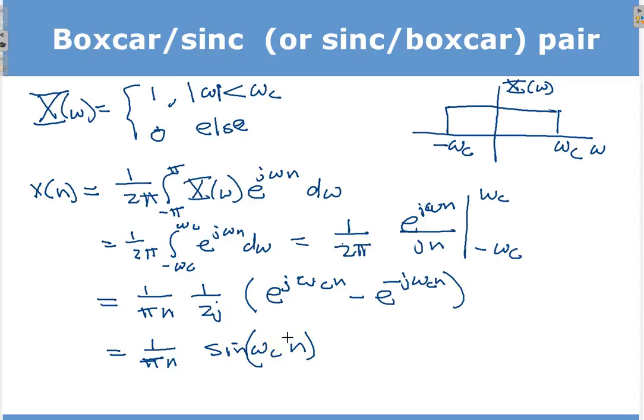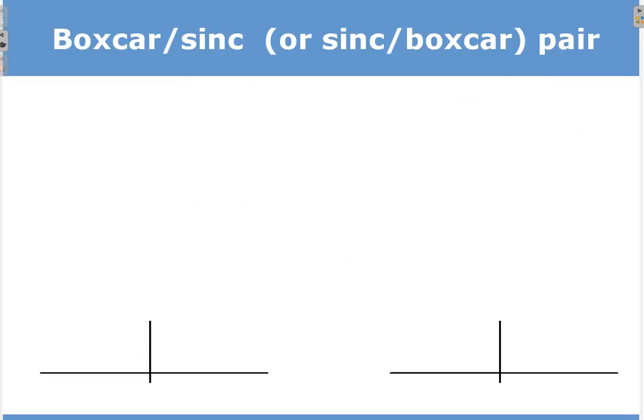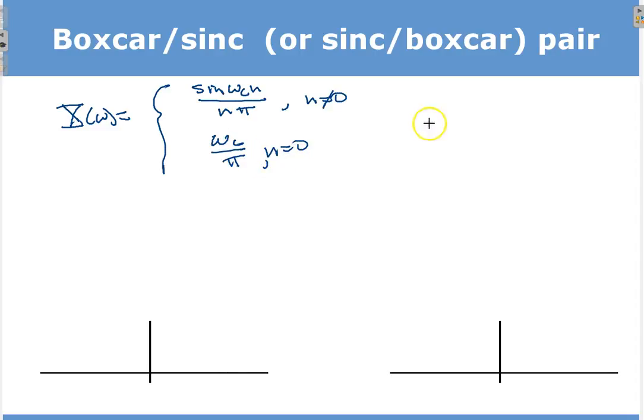So we can use L'Hopital's rule to deal with that, and basically what we get is that x of n is equal to, we have to handle the two cases, so it's sine omega c n over n pi for n not equal to 0, and it's omega c over pi at n equals 0. And the way you can do that last one, you could actually just plug that into the equation. So if we got x of 0, n equals 0, it'd be 1 over 2 pi.